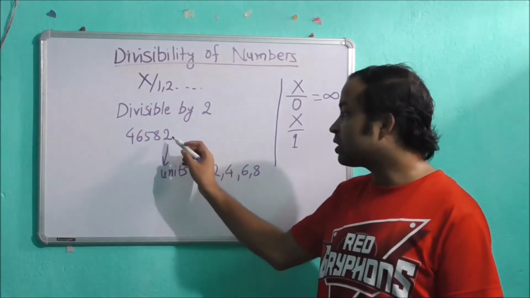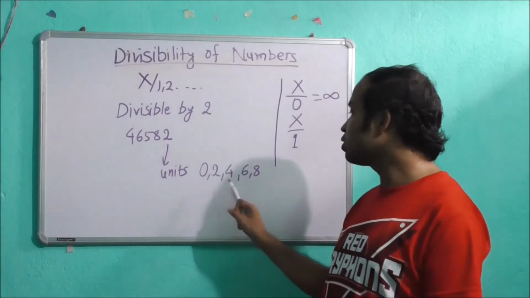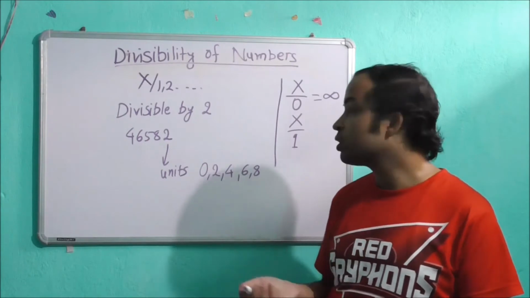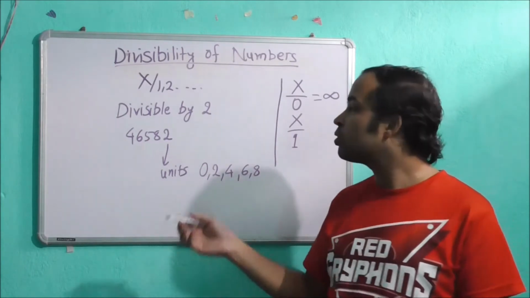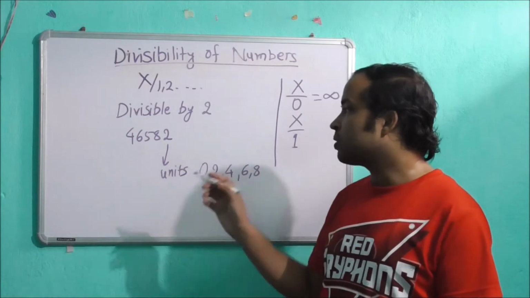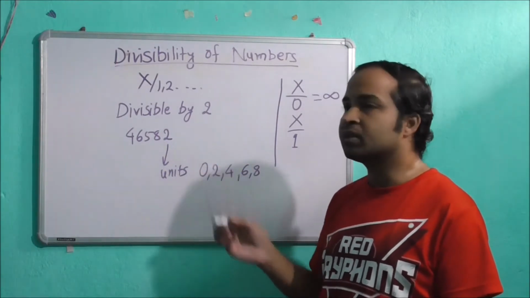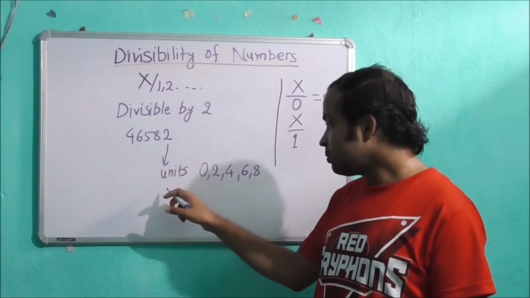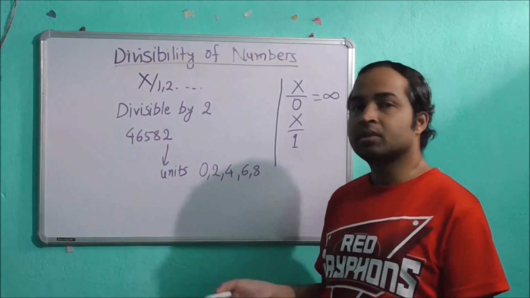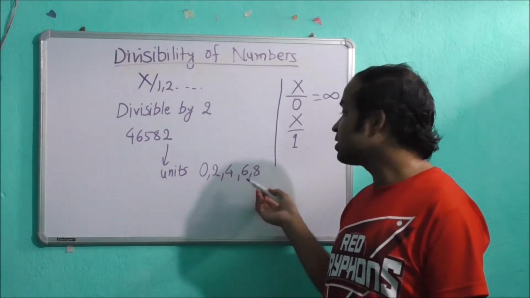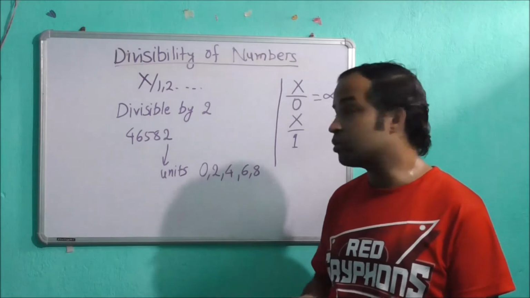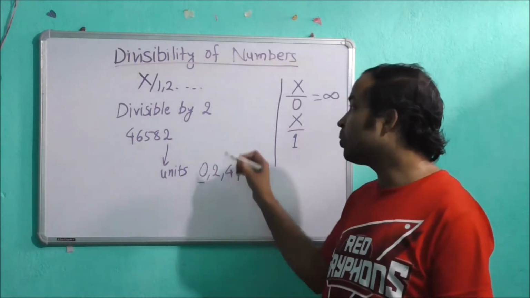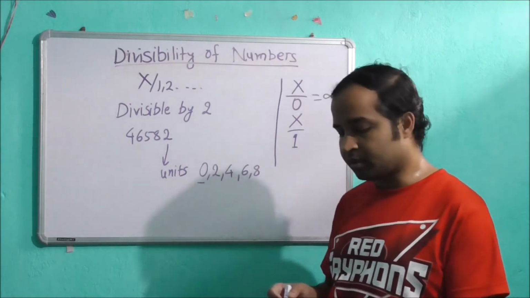You can just check whether the number at the units place is 0, 2, 4, 6 or 8, then that number is divisible by 2. No matter how long a number is, with 8 digits or 10 digits, when you see 0, 2, 4, 6 or 8 at the units place, that number will be divisible by 2. In case of 0, that could also be divisible by 5, which we will see later.